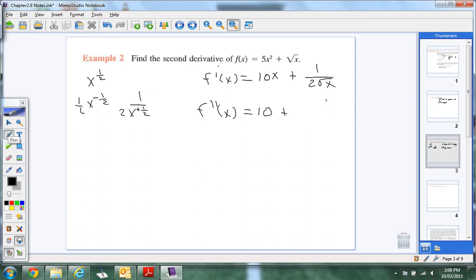Oh, I see what you're saying. Yes, so we can just go from here. This 2? It's 1 half from dropping the 1 half.